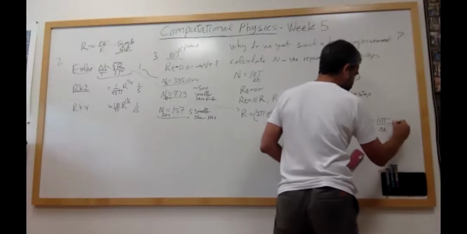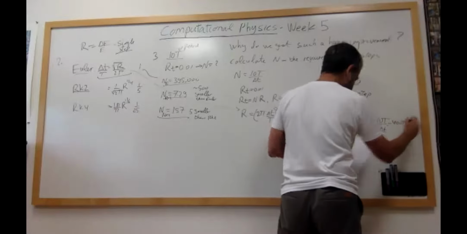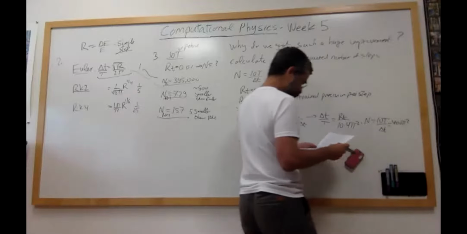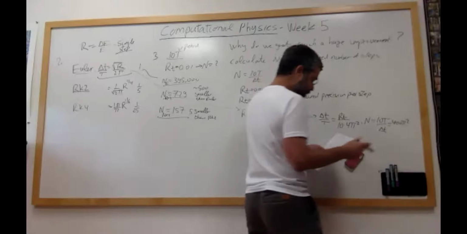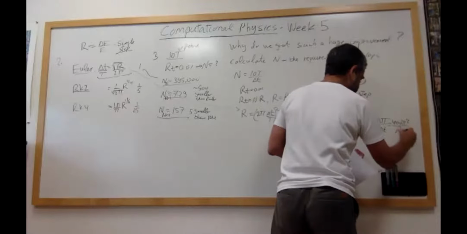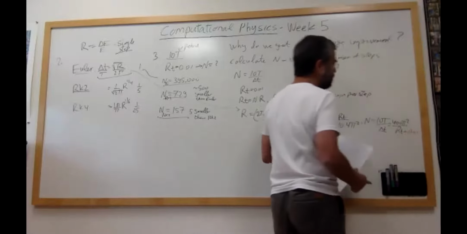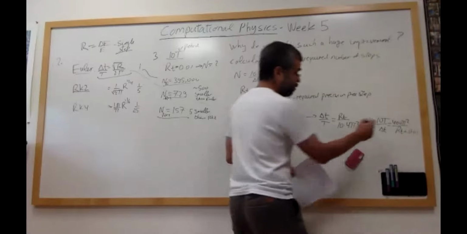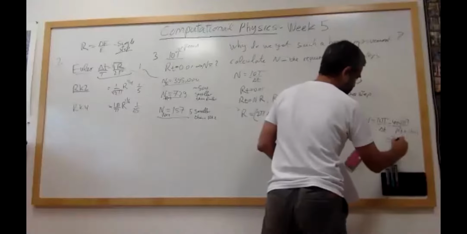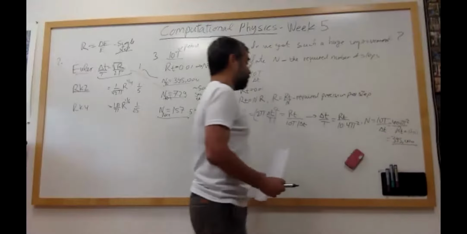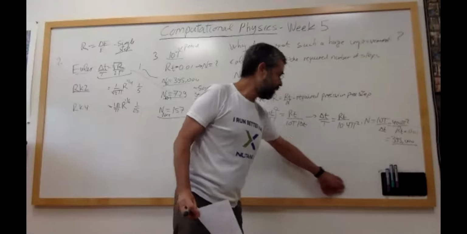So it is 400 pi squared over RT. So this is 0.01. So it's 395,000 steps. Okay, so that's what Euler gives.